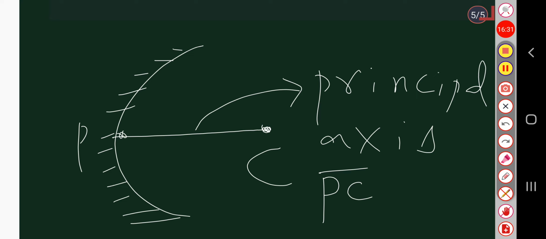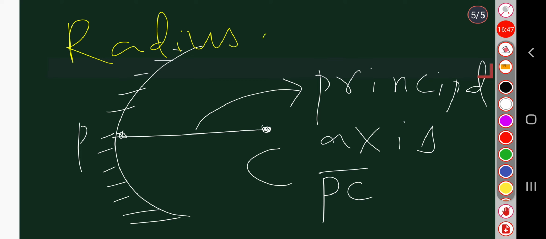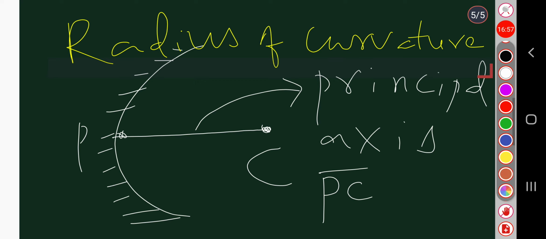This is nothing but the radius of curvature. Radius of curvature.